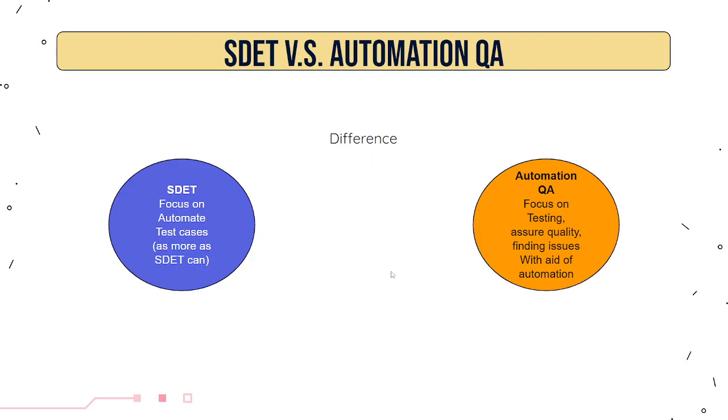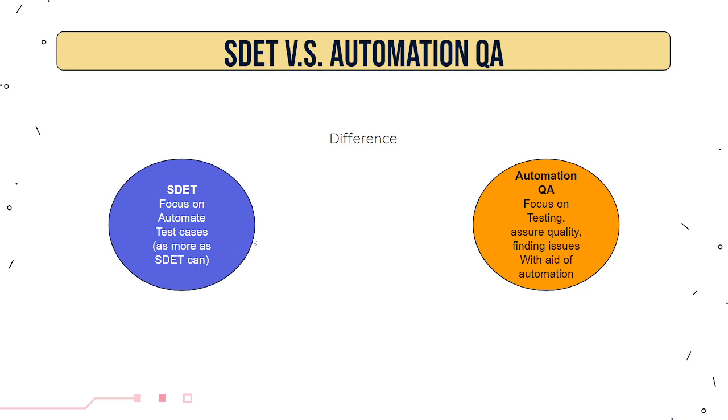Now, from my perspective, the difference between the SDET, on the left, and automation QA, on the right, is that SDET focuses on automating test cases as much as they can. Wherever an SDET sees manual QA's test cases, maybe thousands of them, their approach is to bring more test coverage by applying automation to as many of them as they can.